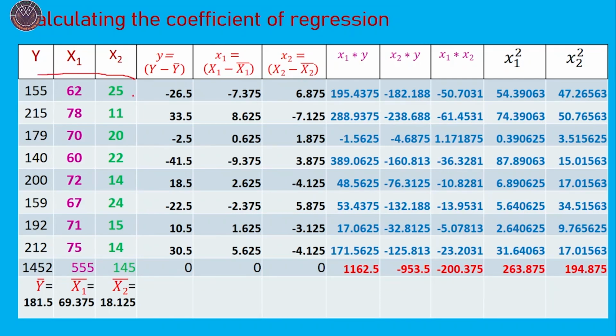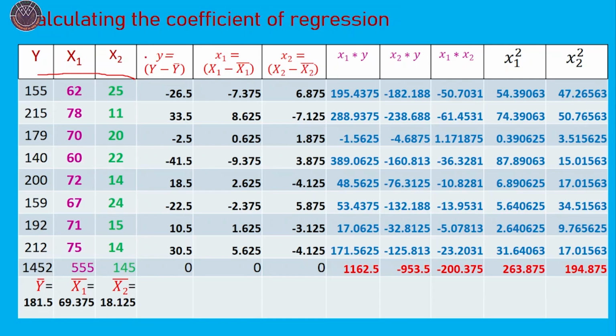It is already given here. We have 8 observations, and we have obtained the mean values: mean of y is 181.5, mean of x1 is 69.375, and mean of x2 is 18.125.